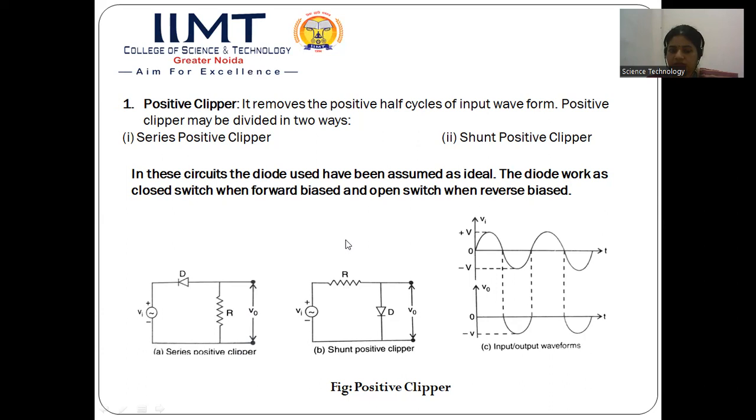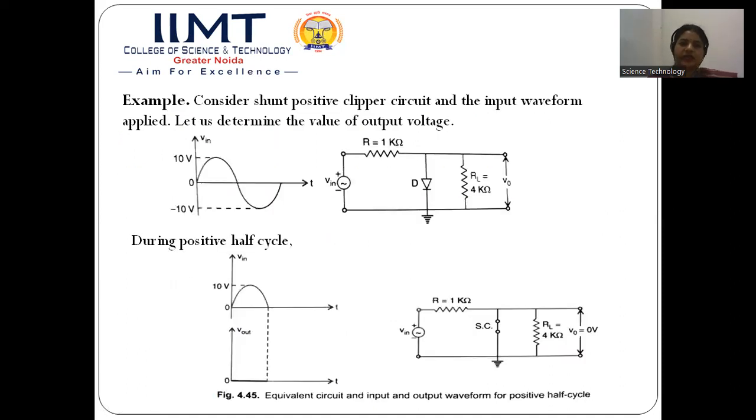So we have understood that by using this positive clipper, whether series or shunt, we get an output in which the positive half of the waveform is removed and the negative half of the input waveform is retained in the output. So that was about the positive clipper. Let us understand this further by considering an example.